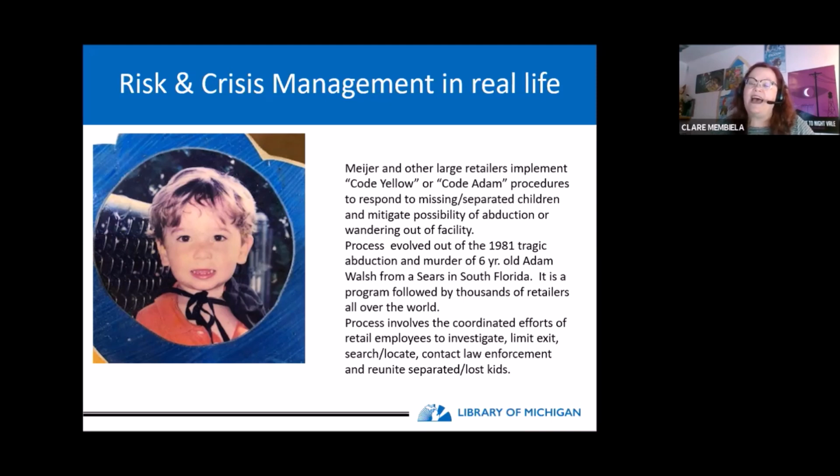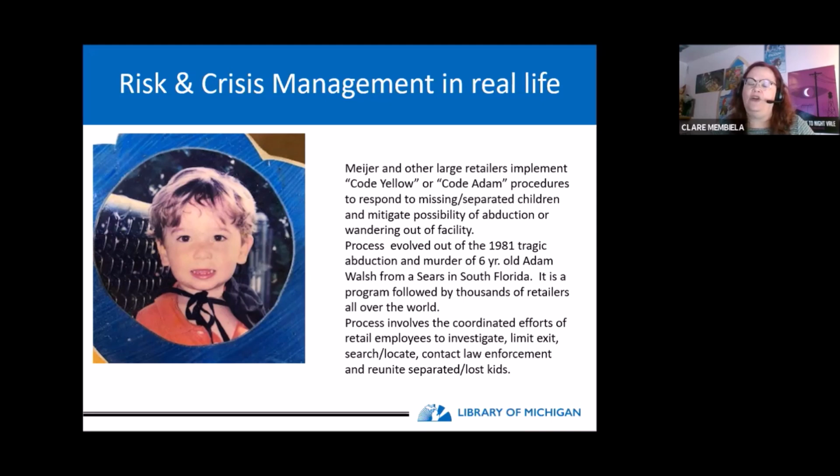So this is actually a good example of risk and crisis management. So what's the risk? The risk is lost kids, which happens all the time in retail. But the higher risk is kids get abducted, right? I think kids have always gotten abducted, but there became this national awareness of it.